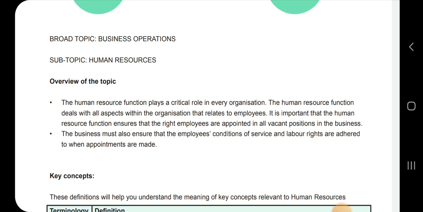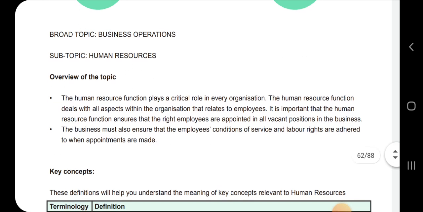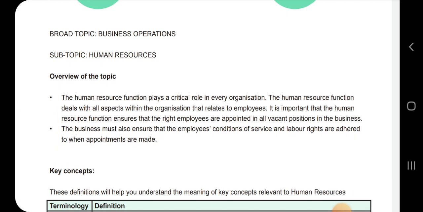The department that wants a person to be hired will tell human resources to hire a person with this expertise, and that is what human resources will look for. The person who is hired has to suit the requirements for the job that was advertised. The business must also ensure that the employees' conditions of service and labor rights are adhered to when appointments are made.